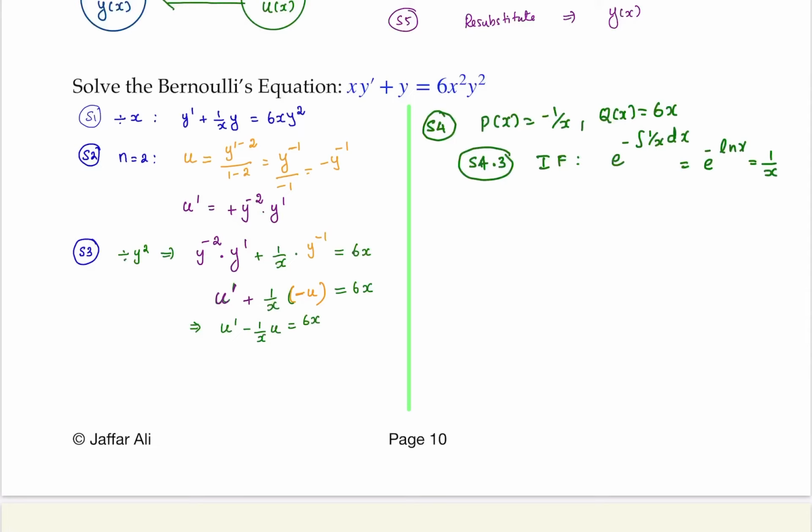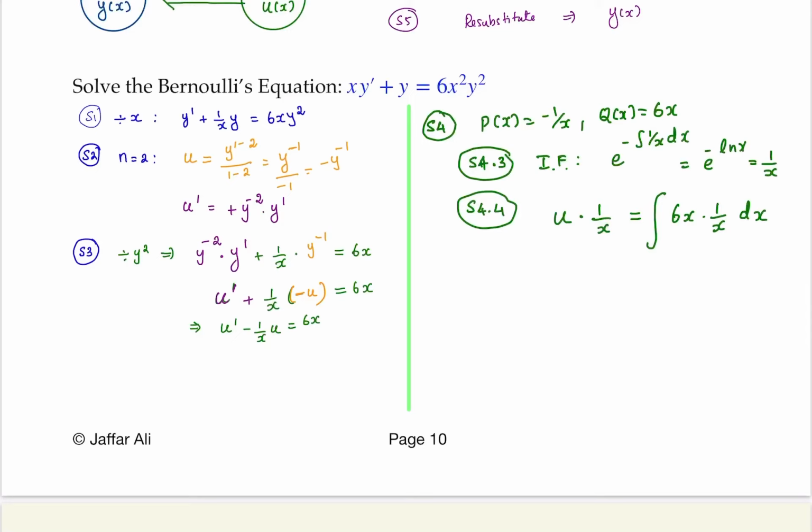And then what I'm going to have is my solution. This is step 4.4, the 4.3 corresponds to the third step from the previous section. So the solution is going to be u times 1 over x should be equal to the integral of 6x times 1 over x dx.